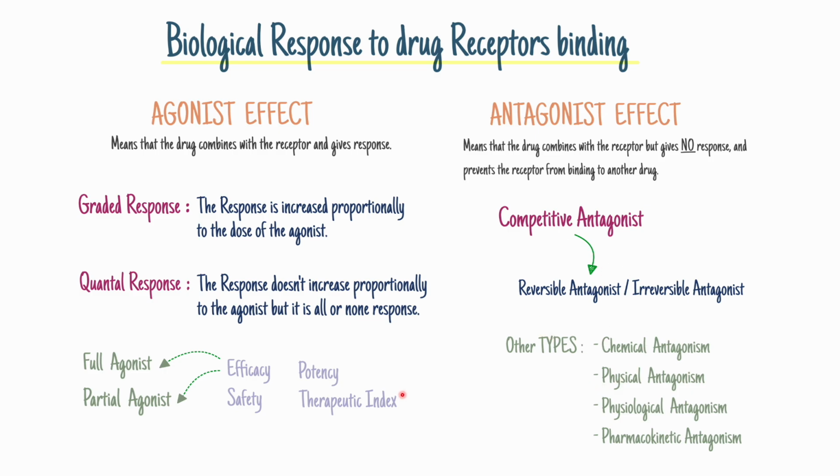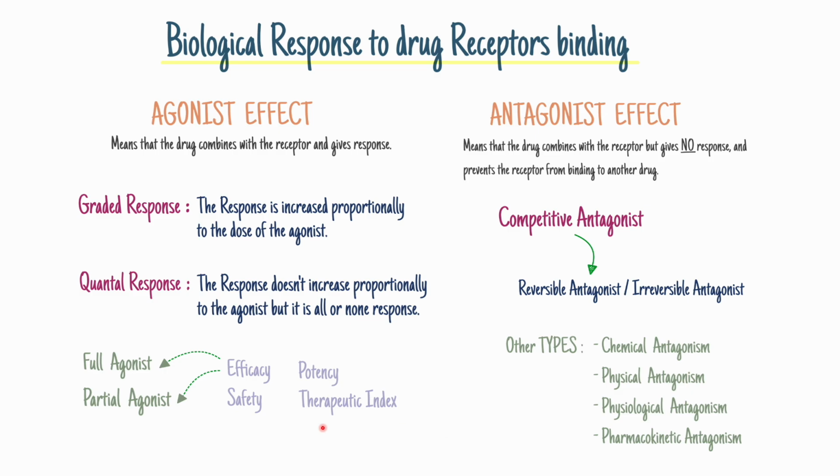So the therapeutic index is LD50, the lethal dosage of the drug, over ED50, the potency of the drug, and the result will be the therapeutic index. And this is a very, very important terminology. The wider the therapeutic index, for example, if the number comes like 100,000, this means that this drug is safe.